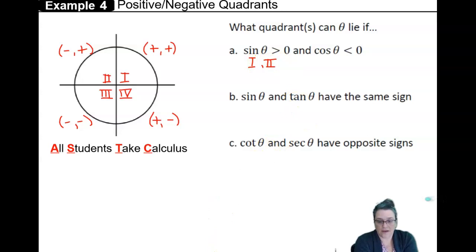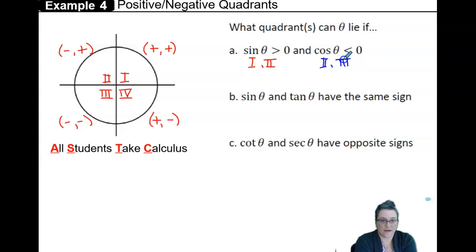Now we're looking for the quadrants where the cosine of the angle is negative. Cosine is defined as x over r. So we're looking for the quadrants that have a negative x, and that would be quadrant 2 and quadrant 3.